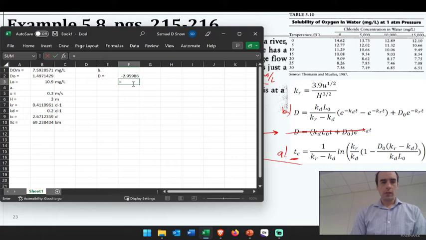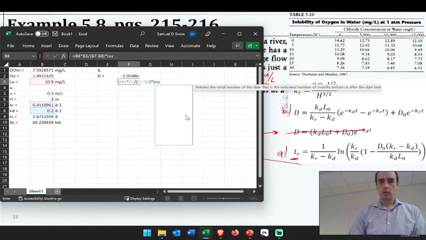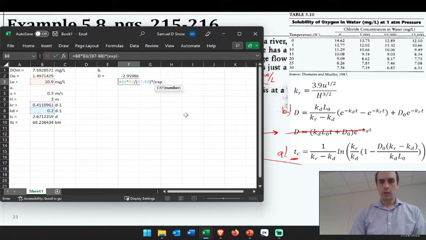So we need KD times L naught, divided by KR minus KD, times the natural log, times this stuff, times the exponent, so e to the minus KD times time.